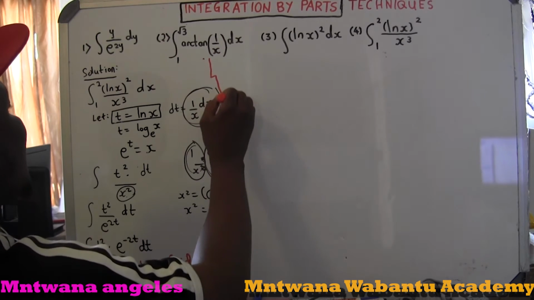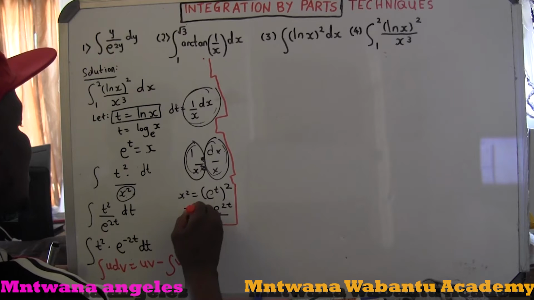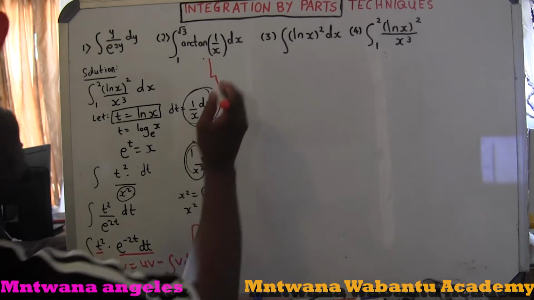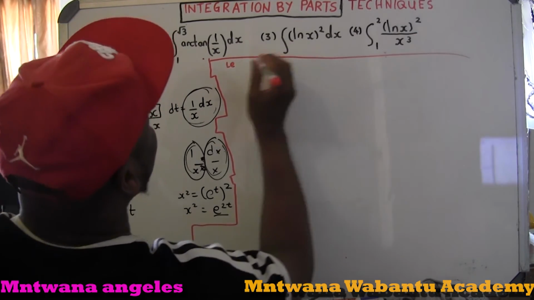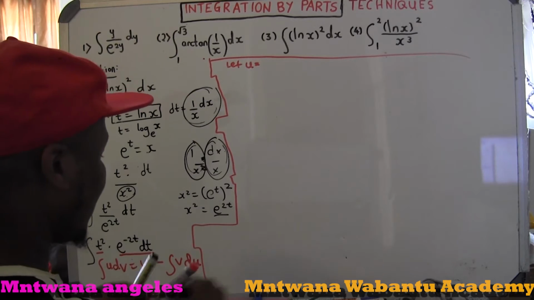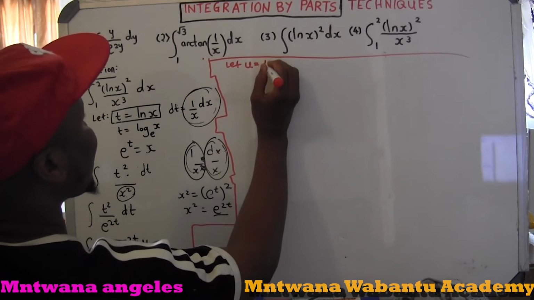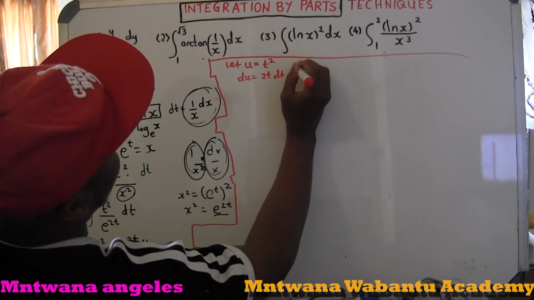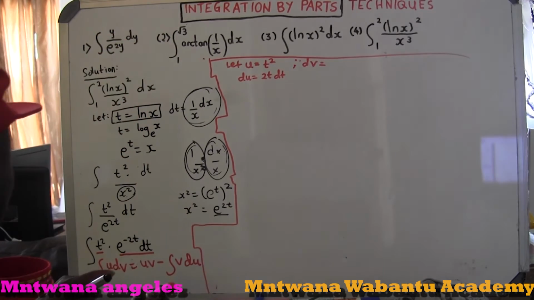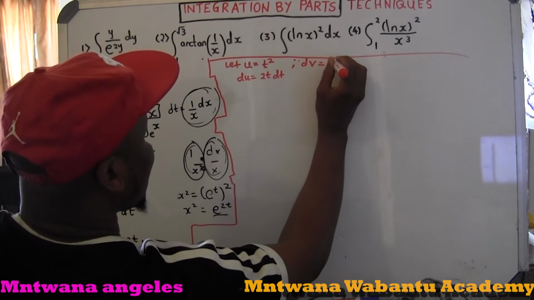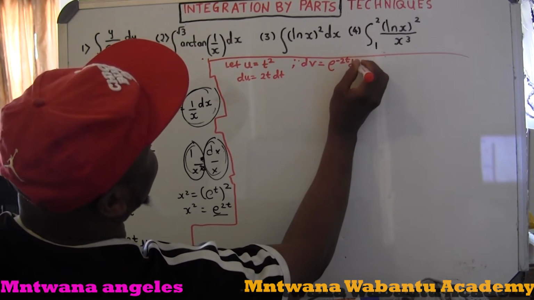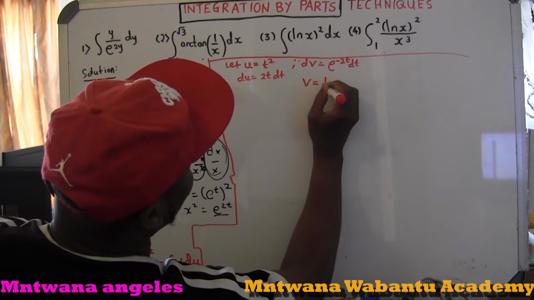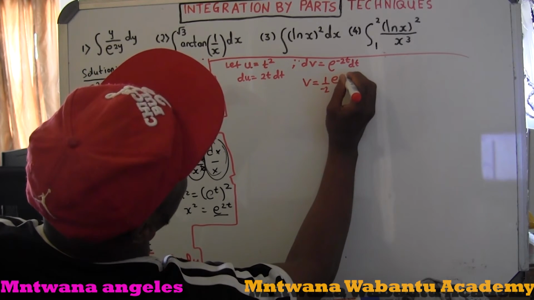So what is our u? u equals t squared, so du equals 2t dt. And dv equals e to the negative 2t dt. When you integrate this, it's going to give you v, which is 1 over negative 2, and then e to the negative 2t.